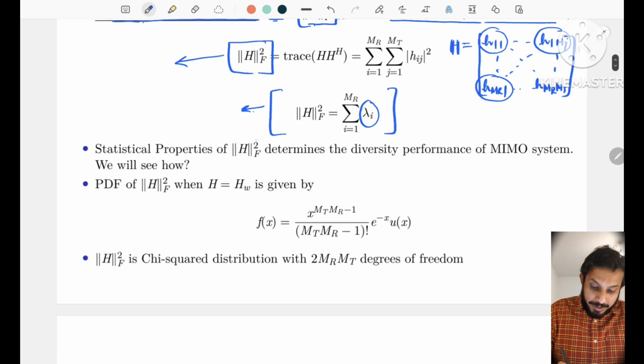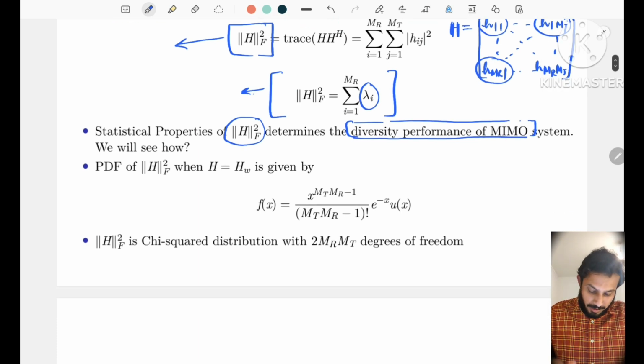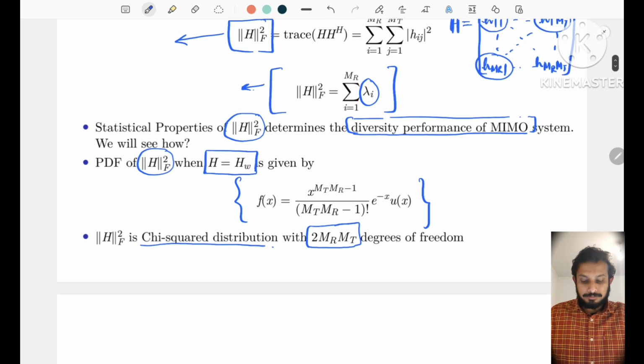The statistical properties of the squared Frobenius norm determine the diversity performance of MIMO, and we will see later in the coming lectures how it determines the diversity performance. The PDF of the squared Frobenius norm when H is equal to HW, that means there is no correlation, is defined in this particular form, which follows a chi-square distribution with 2 M_R M_T degrees of freedom.